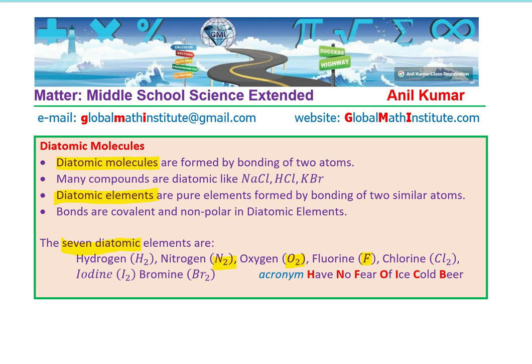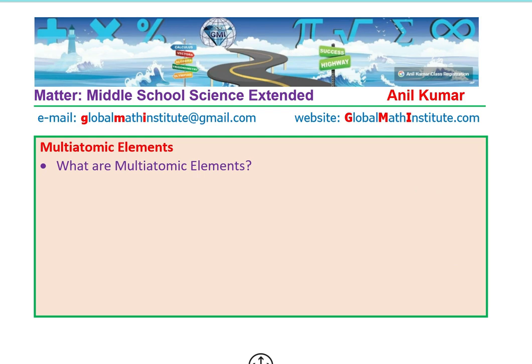Now let's look into some other multi-atomic elements. When we talk about elements, we are worried about the same kind. For example, phosphorus can exist in many different forms. P4 is one of them, four phosphorus atoms combined together.